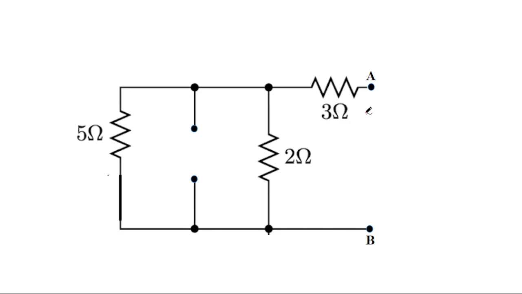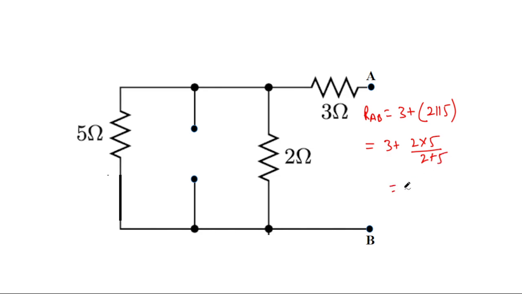The resistance between A and B, RAB, is the 3 ohm resistance connected in series with the parallel combination of the 2 and 5 ohm resistances. This can be found very easily. RAB will be equal to 3 plus 2 multiplied by 5 divided by 2 plus 5.